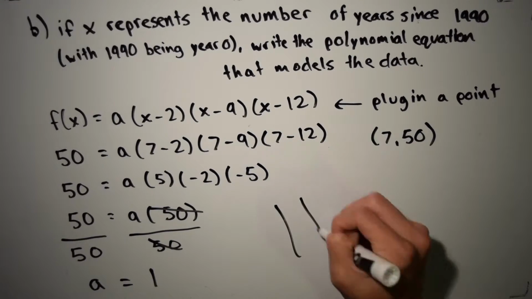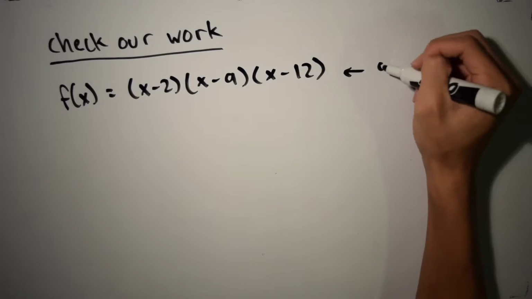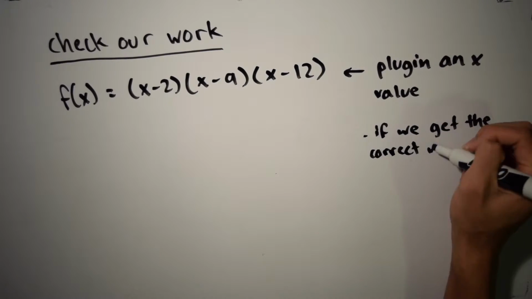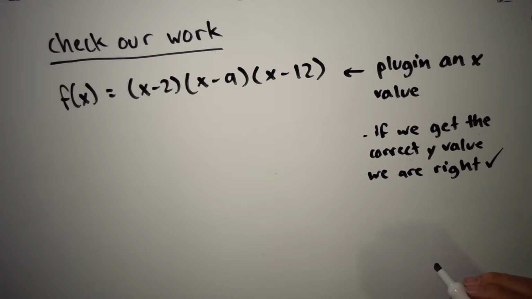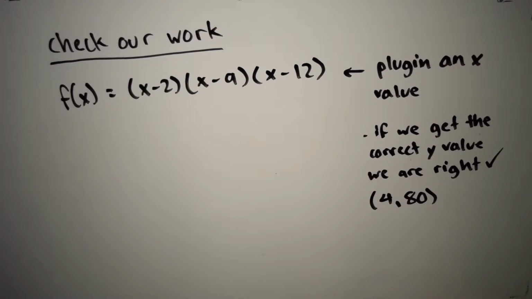We're done! Just kidding, we can't finish this question without checking our work. To check our work, we just take another point and plug in the x value into our new equation. If we get the corresponding y value, our equation is correct. This is because this means that our equation matches our graph, therefore correctly modeling the data. This time, I'm going to use the point (4, 80).